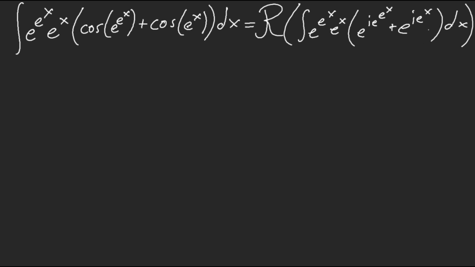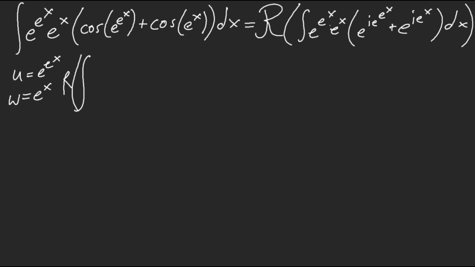And now notice that we can do a u substitution on the left side. We'll let this u equal e to the x. And on the right side, we'll let w equal e to the x. Just e to the x. So now what we have, I'm just going to be lazy just a little bit.